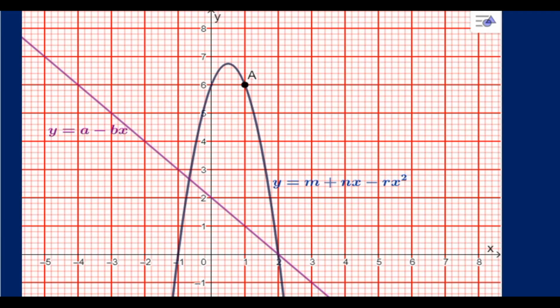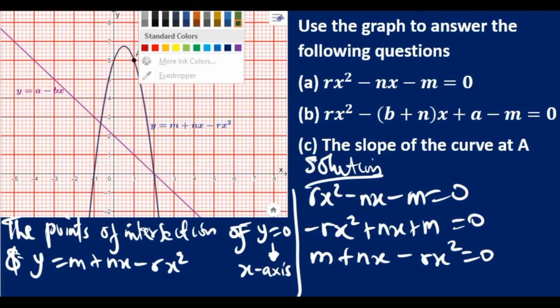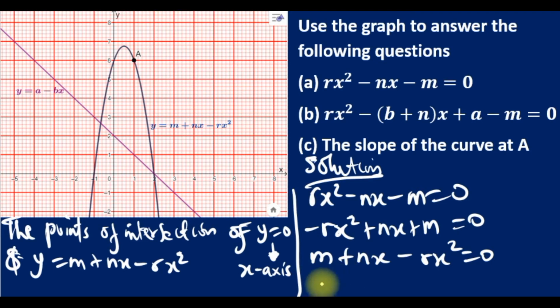So let's zoom in. As you can see, the points are minus 1 and 2, because this is our x-axis and this is the curve. So the answer is x equal to minus 1 or x equal to 2.